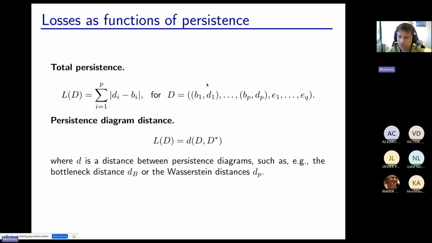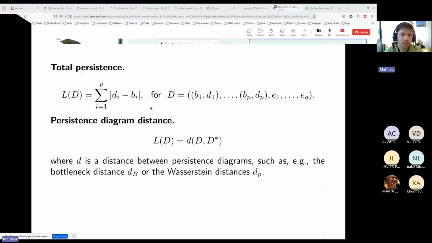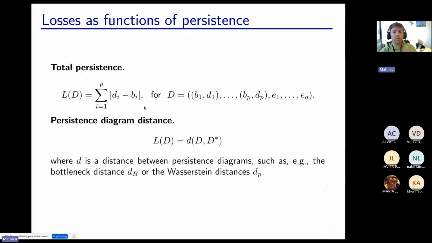Among the most common ones are, for instance, the total persistence, which is, for those of you who know, more or less like the total variation but for topological descriptors, or the diagram distance to a target.